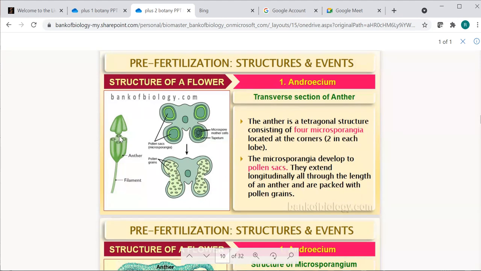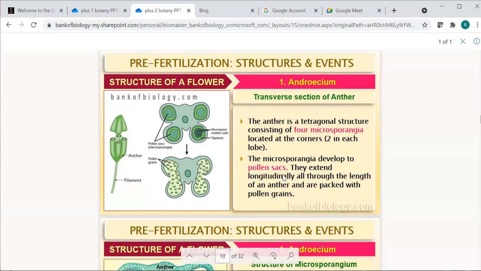मतलब ऐसा है 1, 2, 3, 4. So like this we can see 2 lobes, that is this first lobe, second lobe. Each lobe में 2 microsporangia हैं 1, 2, 3, 4. ठीक है, understanding?